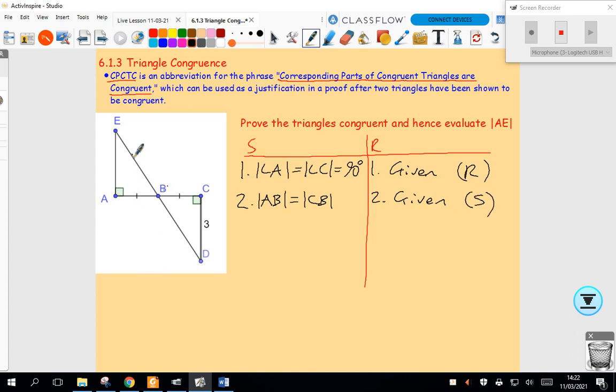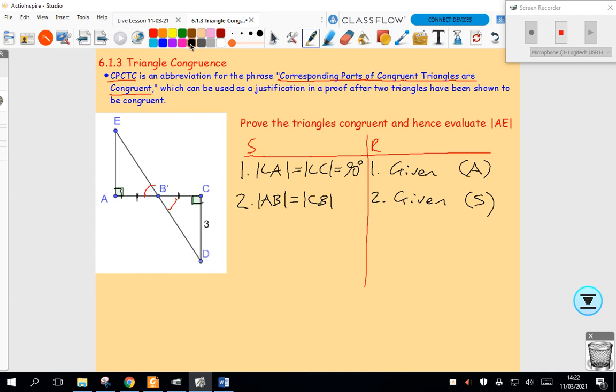Notice it actually doesn't tell me about the hypotenuse here, so I'm not going to use my right angle hypotenuse leg because I don't actually know about the hypotenuse. I'm going to rename that as just an angle. We have just a pair of matching angles there. So that angle is equal to that angle. This side is equal to this side.